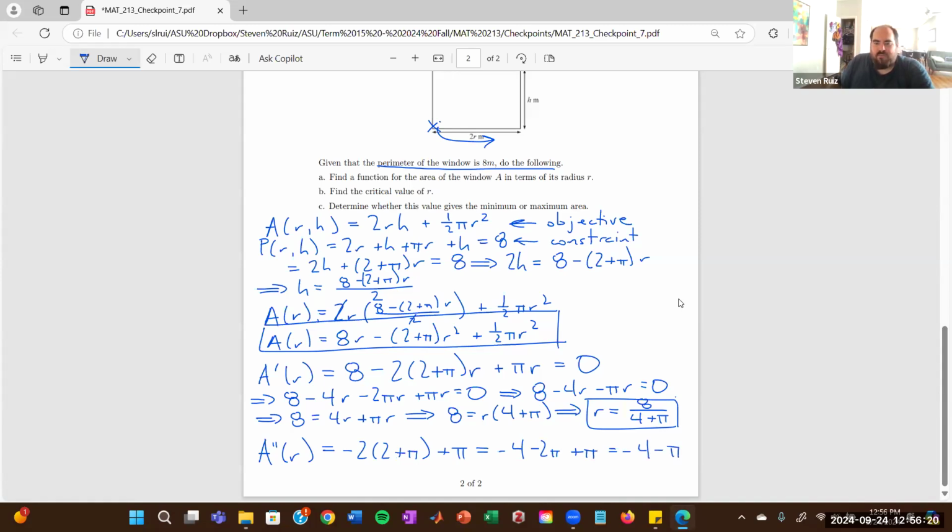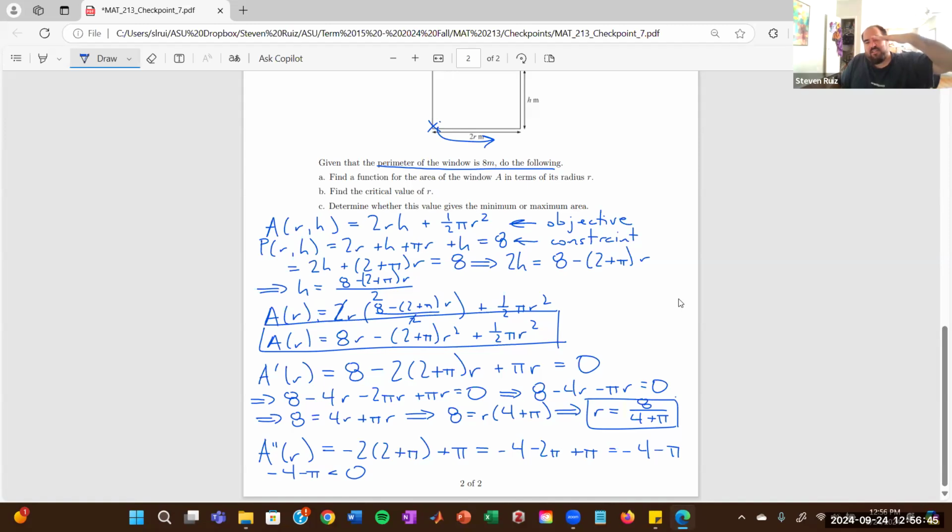So why does that matter? The thing that really matters here is that -4 minus pi is a negative number. If you have a first derivative which is 0, that means you have a horizontal tangent. But we have a second derivative which is negative, which means that in the neighborhood around where there's a horizontal tangent, the slopes of the tangent lines have to be decreasing.